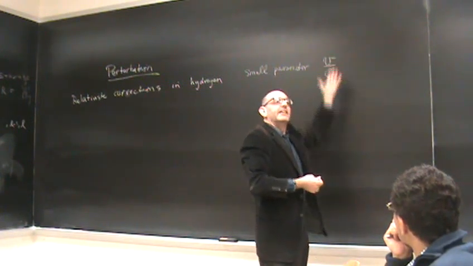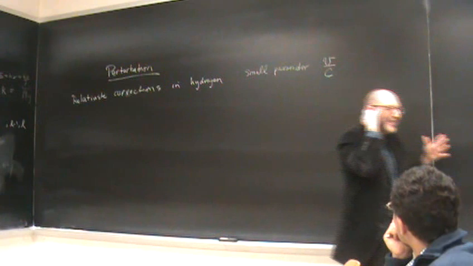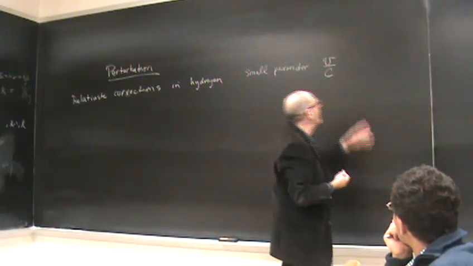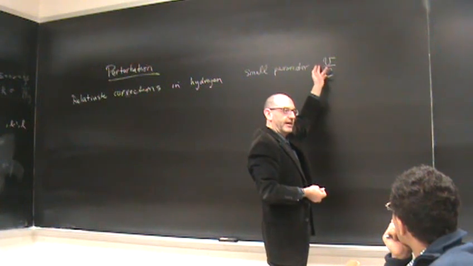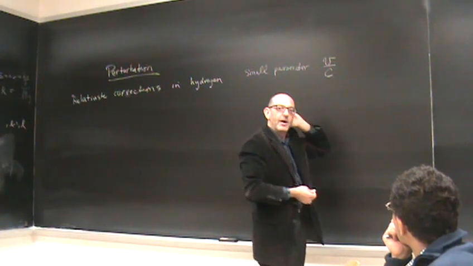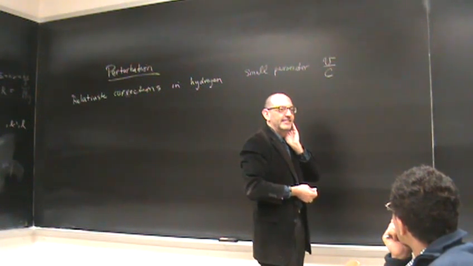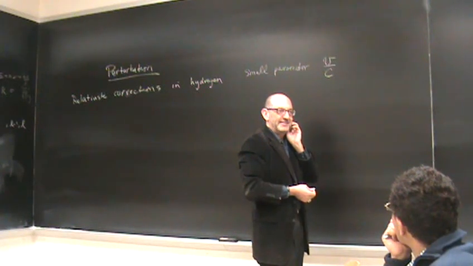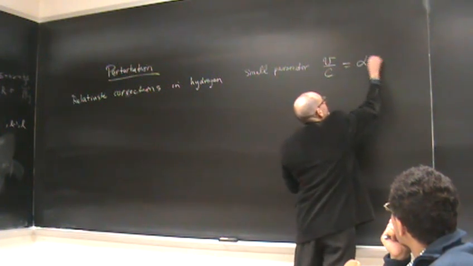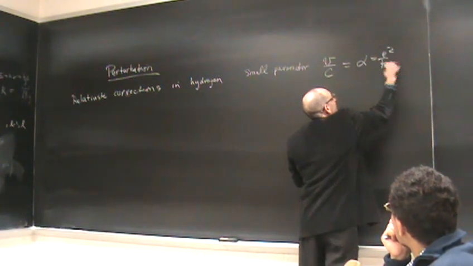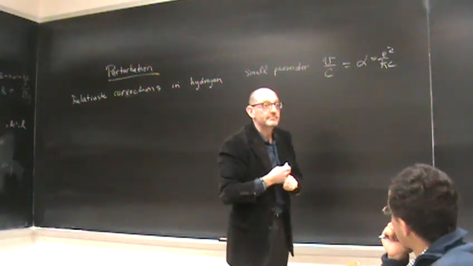Now, you just did this in your homework, and found that in atomic physics, the characteristic speed of the electron in units of c is what? You just handed that homework in. Yeah, it's the fine structure constant, e squared over h bar c, okay?